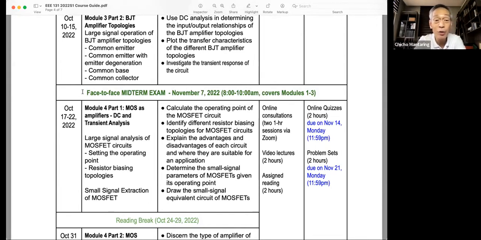Take note that this is going to be a face-to-face exam. One of the things that we are implementing now in the transition back to normal is we will no longer have synchronous virtual or online exams. It's now all going to be face-to-face exams. I think you can guess why we're doing that.